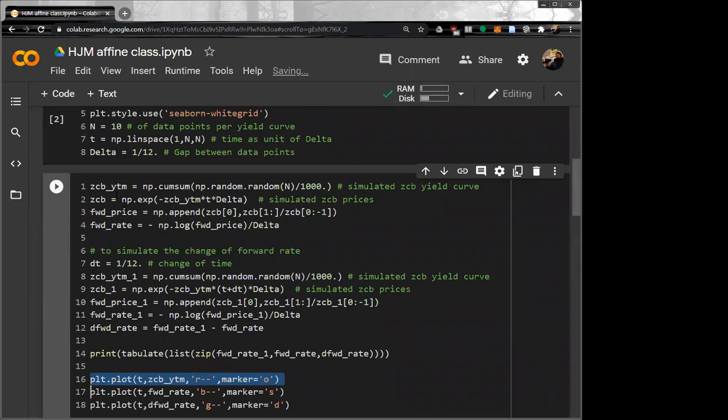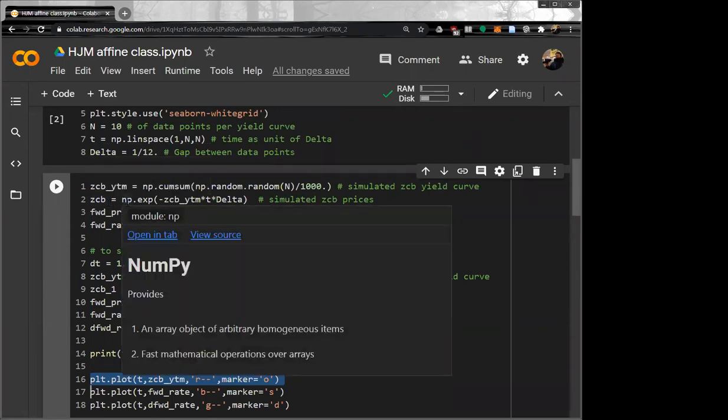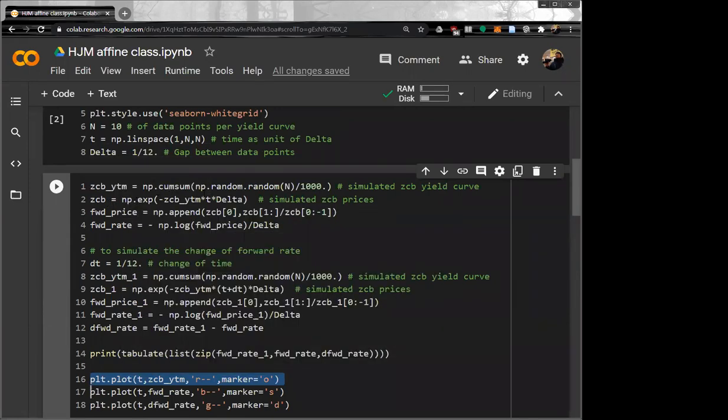And of course, since we have yield, now I can calculate the zero coupon bond price. It is numpy exponential of the zero coupon yield and T. T is a segment, and per segment here it is 1 month, so I multiply by delta over here.